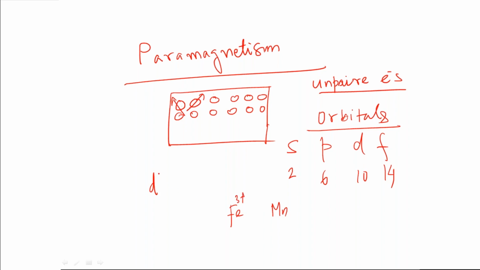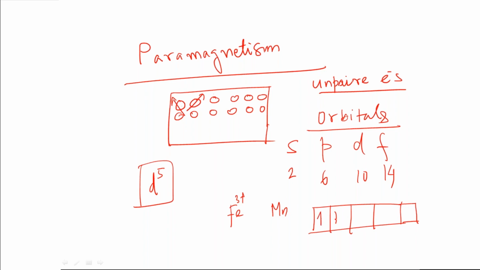Okay, suppose if I take iron, or iron is not a paramagnet. Okay, let us take something else, manganese maybe. So iron, manganese, or anything you take, at least in case of iron, there will be 3d5 electrons. Okay, there will be 5 electrons.